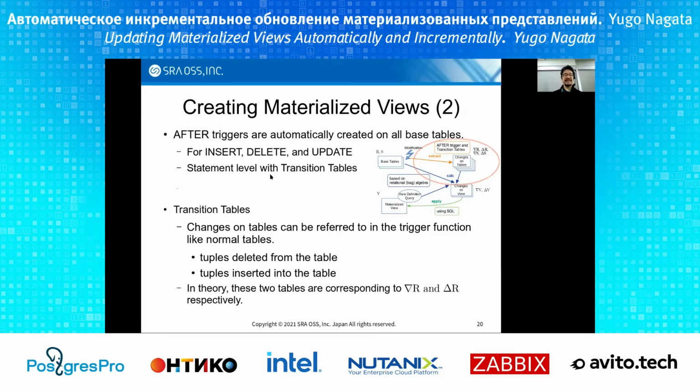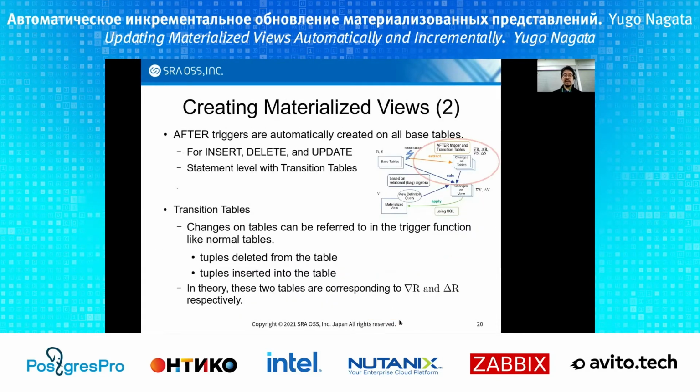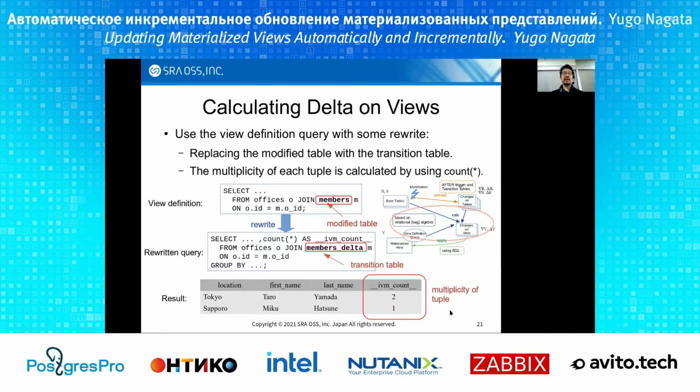In theory, these two tables correspond to nabla R and delta R respectively. Using these changes on table, delta table, we can calculate delta on views.